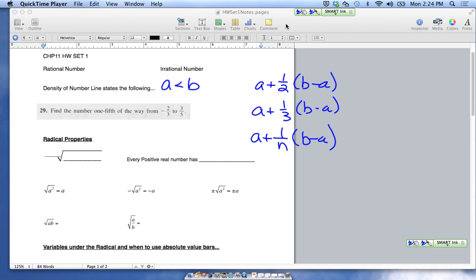So number 29 from the homework set, find the number that's 1/5 of the way from -2/3 to 3/5. So I have A is -2/3, B is 3/5. So here's my little formula.